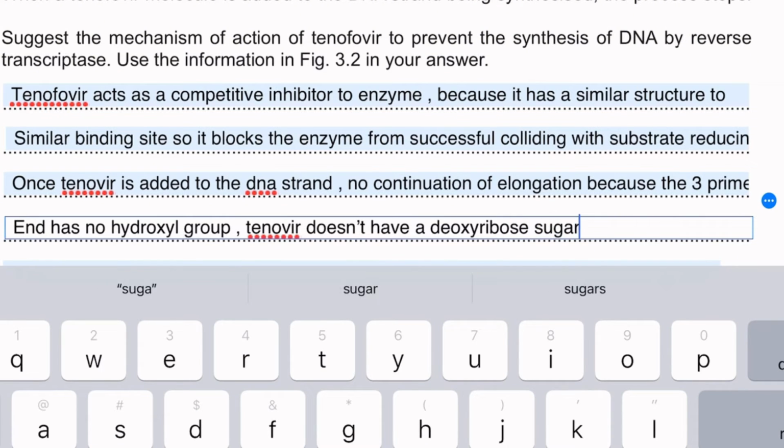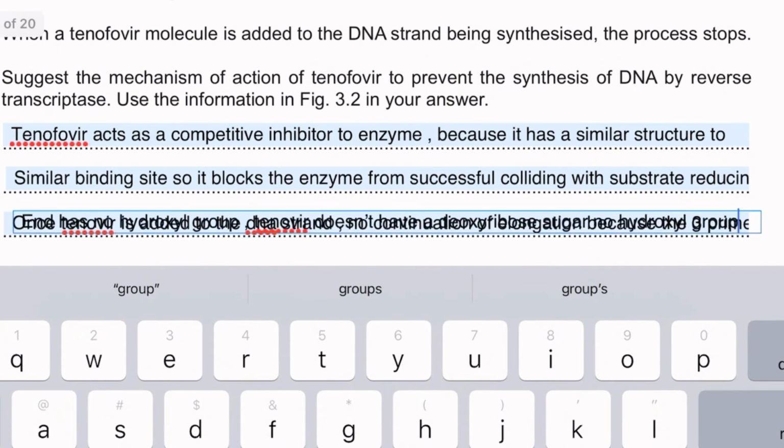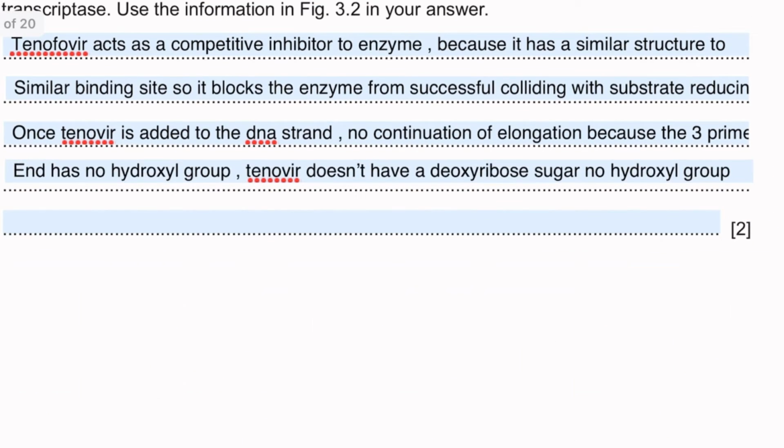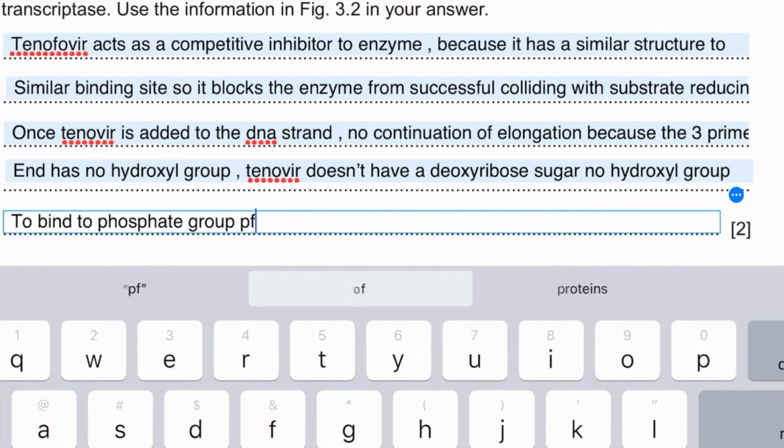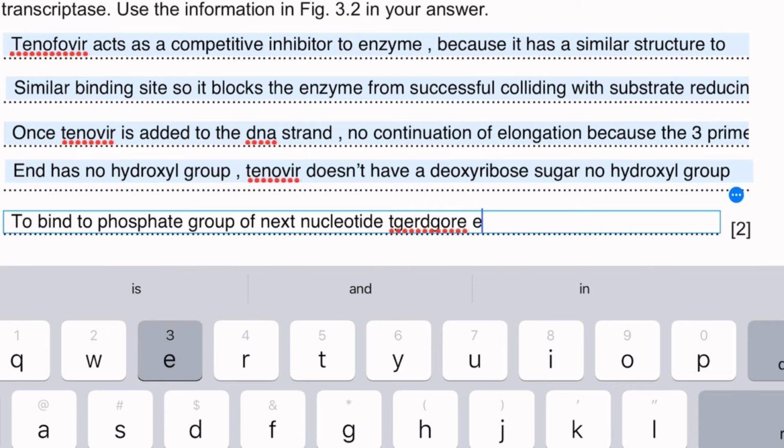It doesn't have the same structure, so basically there is no hydroxyl group to bind to the phosphate group of the next nucleotide, and therefore elongation stops. Okay, this is the worst spelling you've ever seen in your whole life, but you guys get the point.